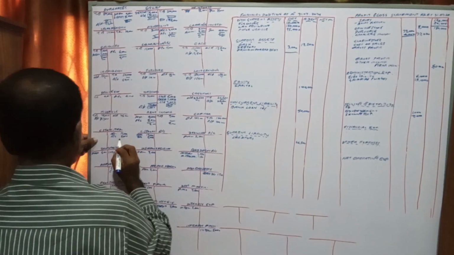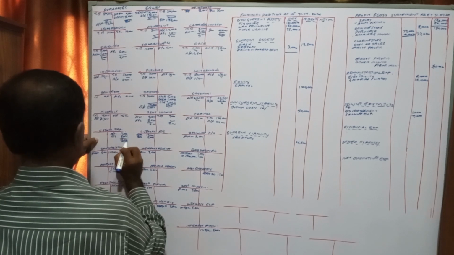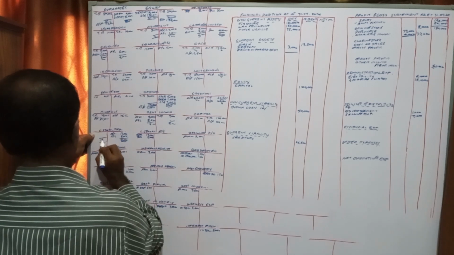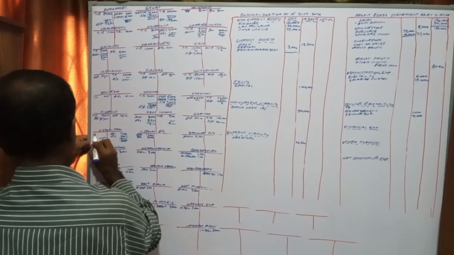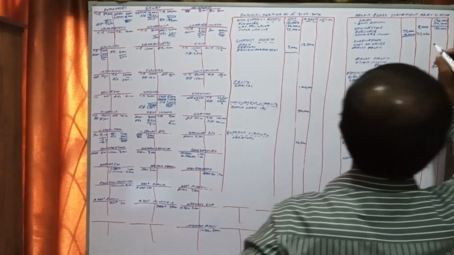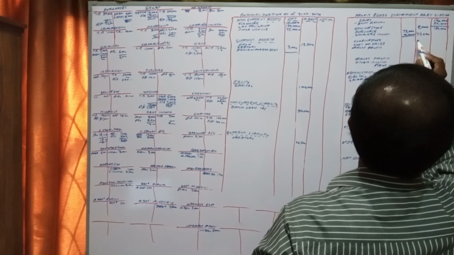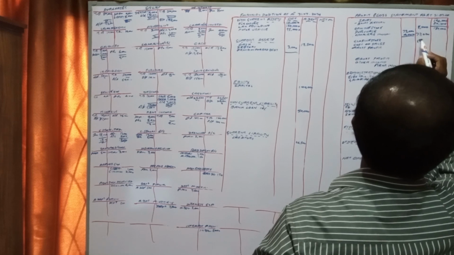Right, next one is closing stocks, trading 18,000. That is trading account 18,000. Trading account closing stocks 18,000.